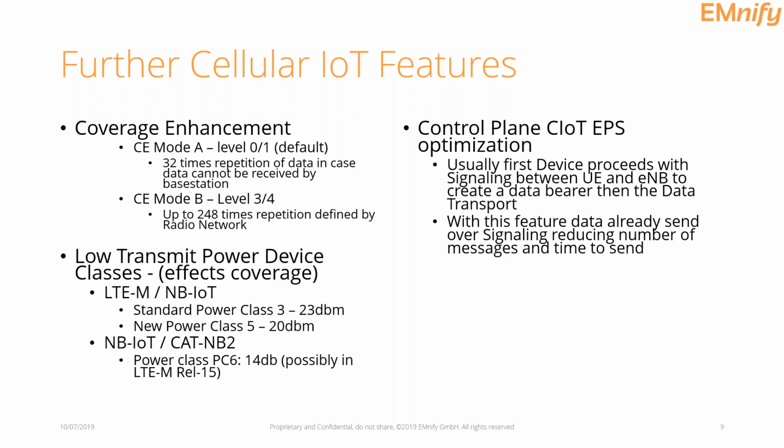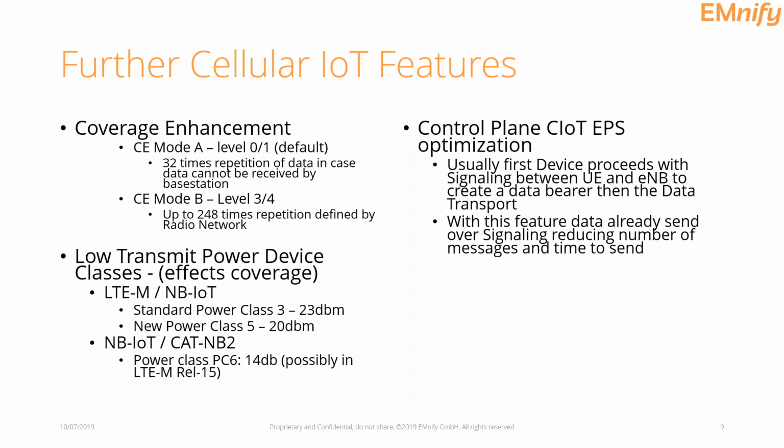And then there are new classes of transmit power devices, because now narrowband and LTE-M have larger coverage. They can also use lower power. So instead of using 23 dBm, they use 20 dBm and would still be reaching the same antennas like LTE has done before. So they would actually use less power to transmit the data.